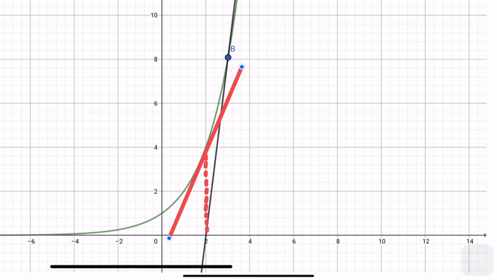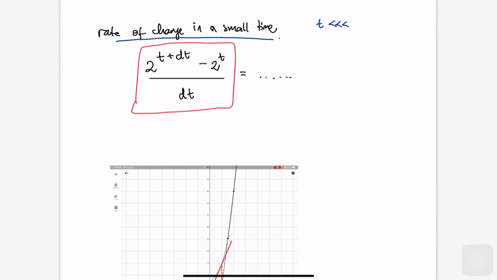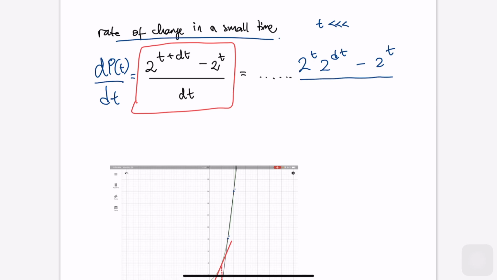Let me put it in the same graph. Now taking this and looking at this, and of course we have this. Look here first.